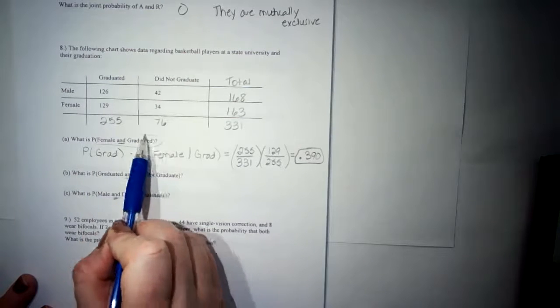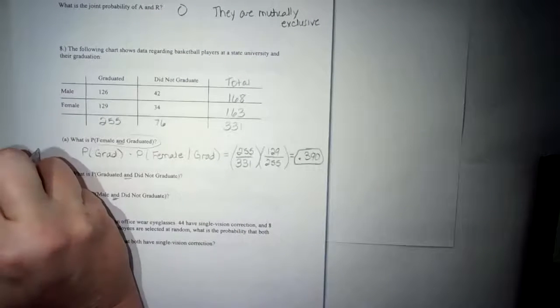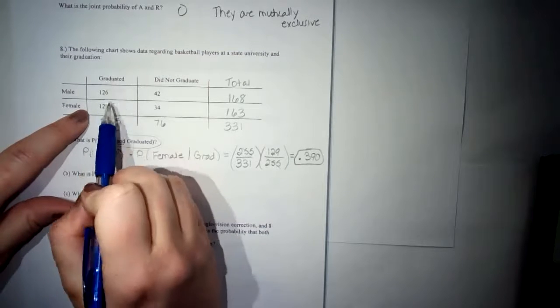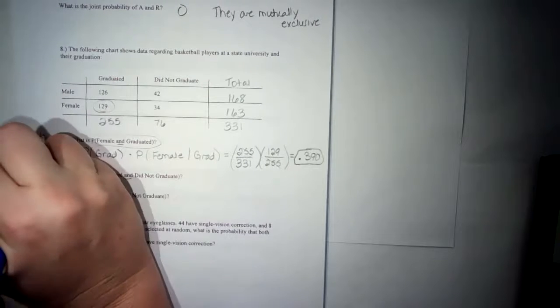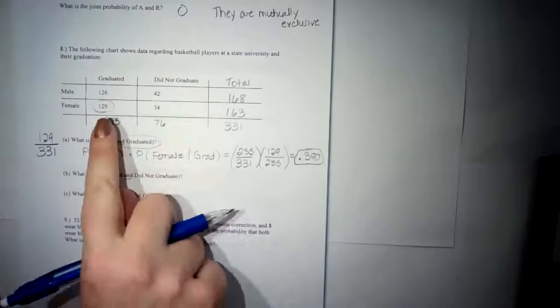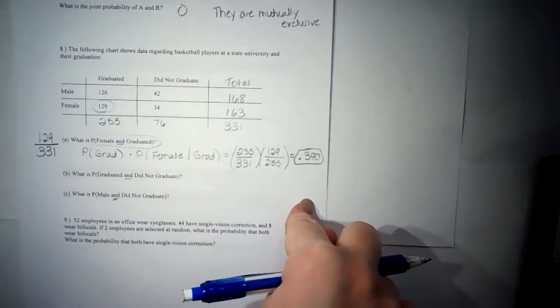It's the item that fits both of those conditions. So if I put my big giant denominator on the bottom, and then I go inside and get super nitpicky and pick the number that represents females who graduated, look what my numerator is, 129. Guess what that ends up being? 0.390. And you have your answer.